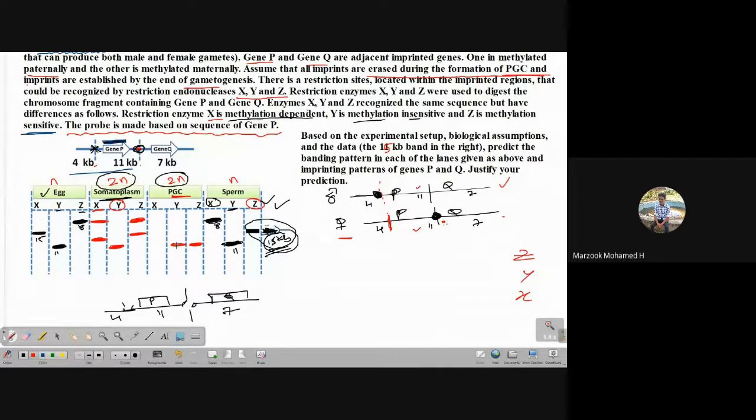For X we will get the whole, 4 plus 11 plus 7, which is 22. Yes, we will get 22.